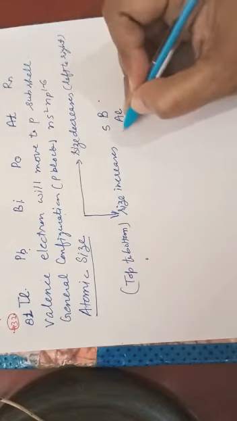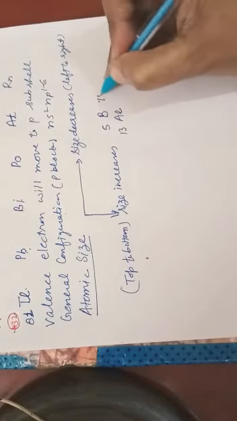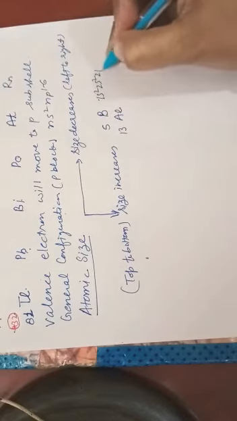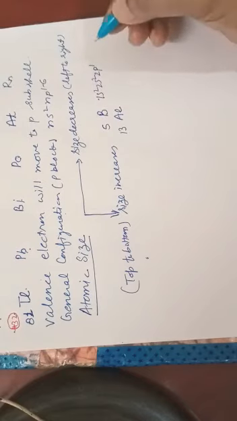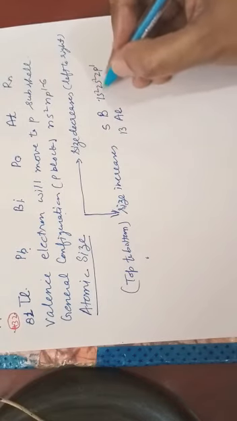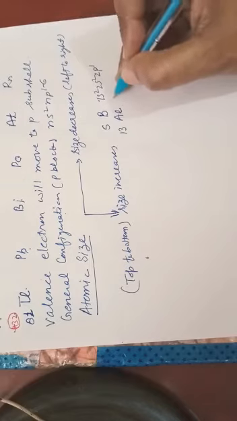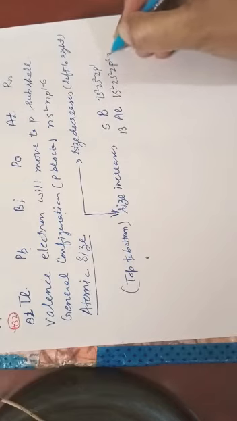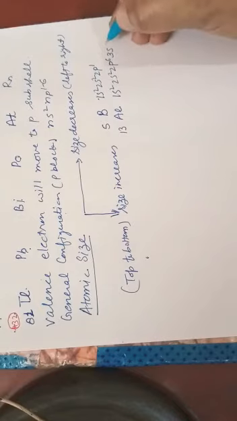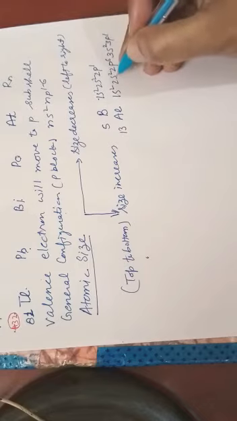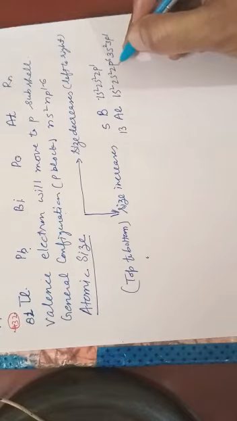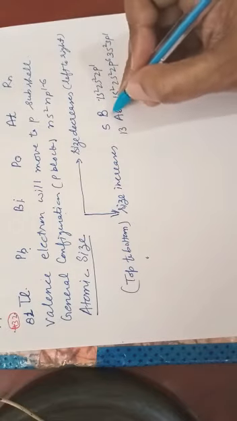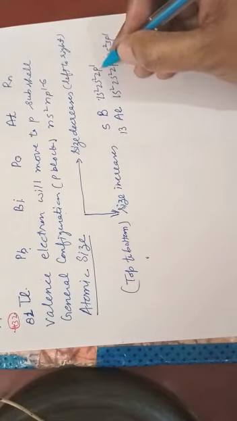5 is boron and 13 is aluminium. The electronic configuration of boron is 1s2, 2s2, 2p1. The electronic configuration of aluminium is 1s2, 2s2, 2p6, 3s2, 3p1.